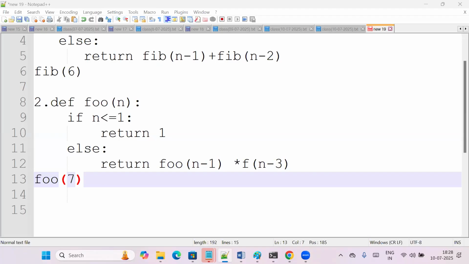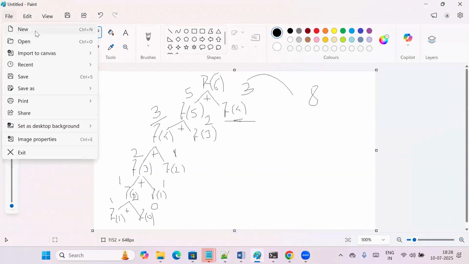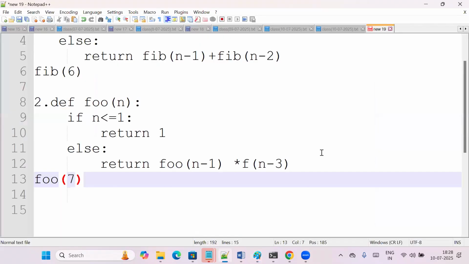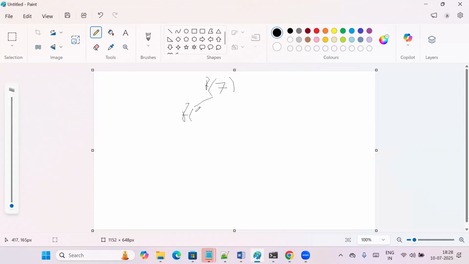Yes, what will be the output? Please trace, guys, fast. Okay, how many people got 36? 36, if I'm not wrong. 24.